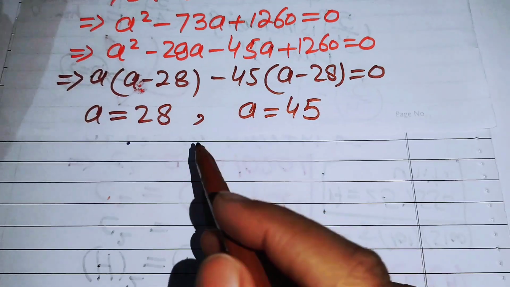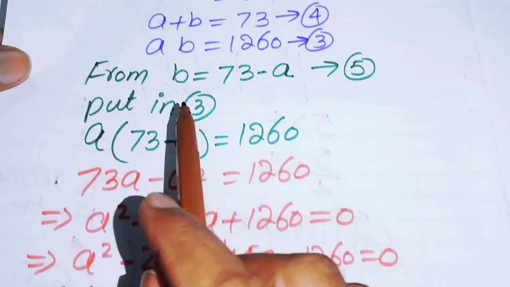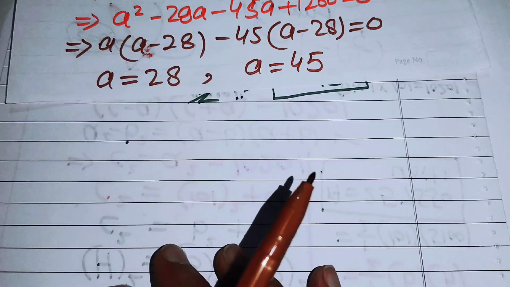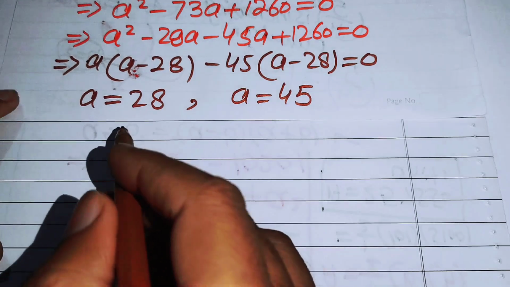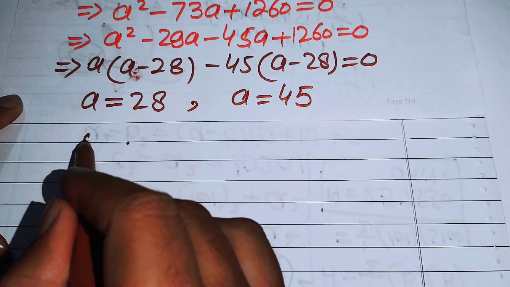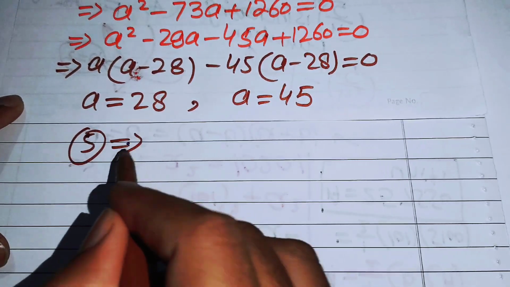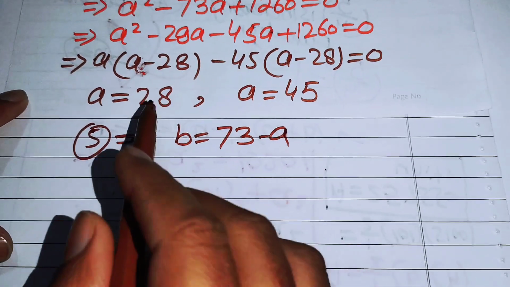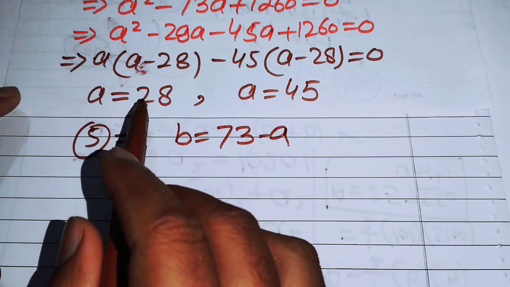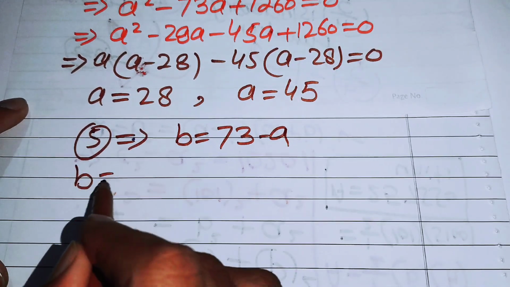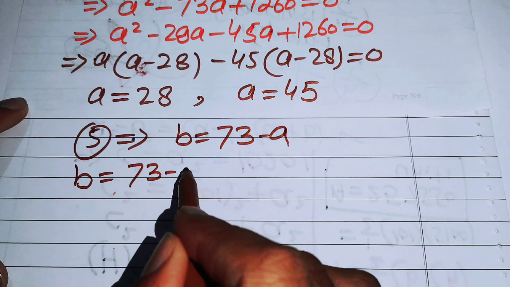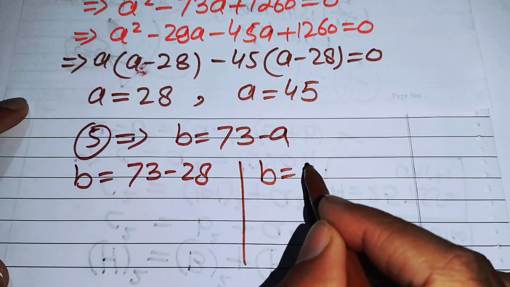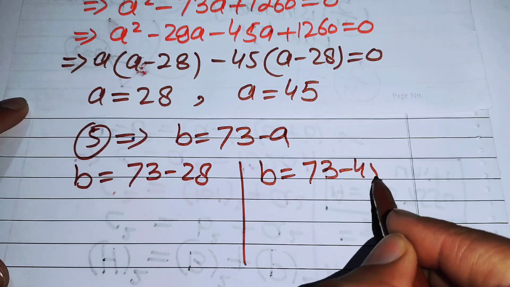Now we have equation number 5, B equals 73 minus A, and we can put these two values here. First I put the value of A, then you get B equals 73 minus 28, and in this case you get B equals 73 minus 45.